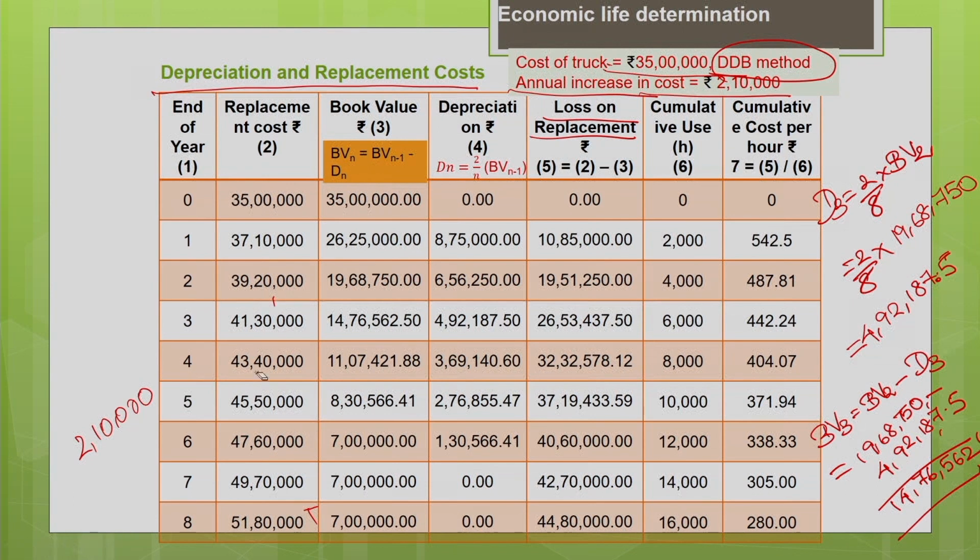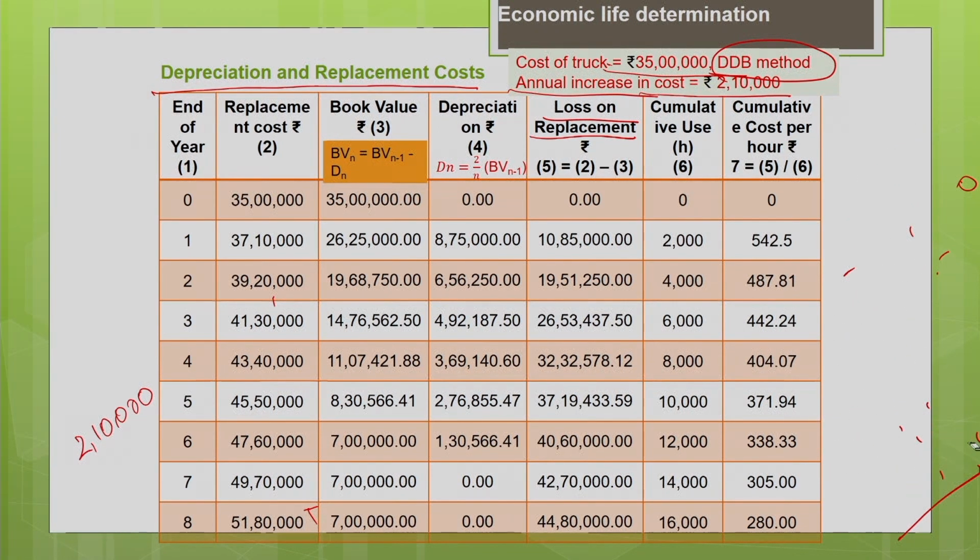So, basically, you can see here, at the end of first year, if I wanted to replace, the cost of the machine is 37,10,000. Due to inflation, from 35 lakhs, it has increased by 2,10,000. But at the end of the first year, if I replace my old machine with a new machine, the inflow I can get is only 26 lakh 25,000, because your machine is depreciated.